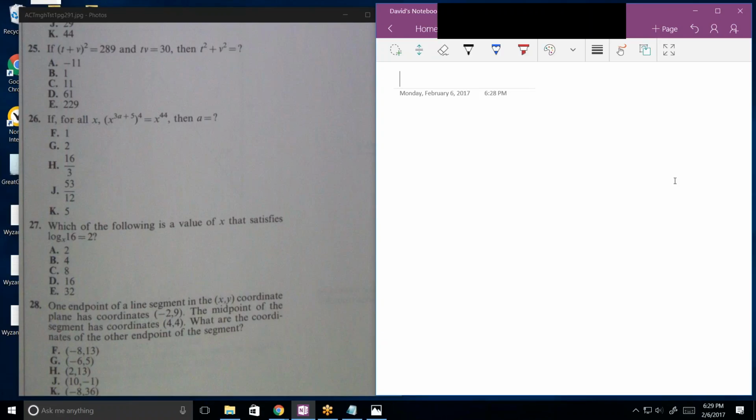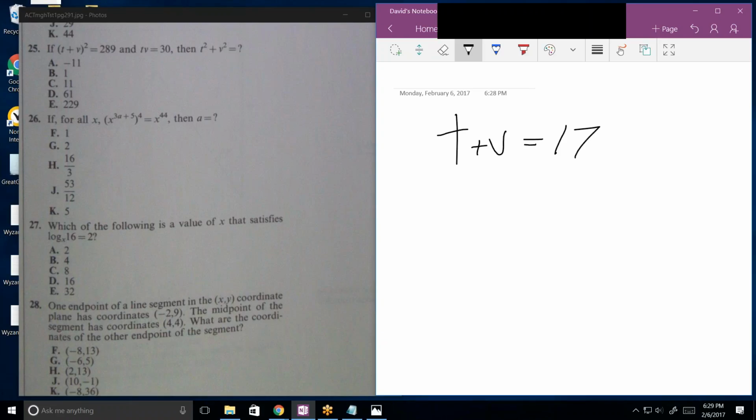So I need something that adds to be 17, t plus v equals 17, right? Then if I want something that multiplies to be 30, I have to do 15 and 2. And that multiplies to be 30. But they want t squared plus v squared.